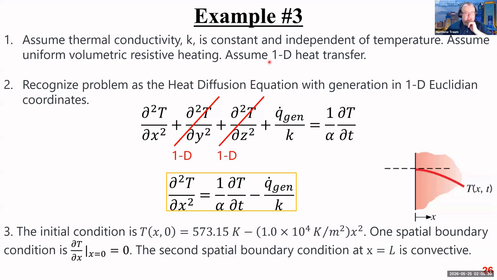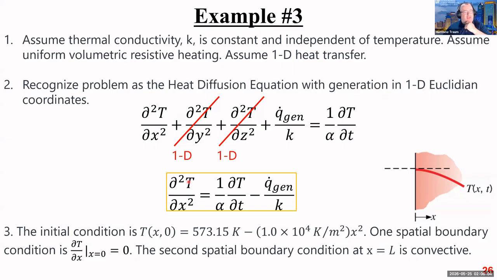And so, because I've just got one direction of heat transfer, when I get to the heat diffusion equation in Euclidean coordinates again, not cylindrical coordinates, because we're talking about a slab wall here, the temperature derivatives with respect to y and with respect to z go away, right? So those two terms cancel.